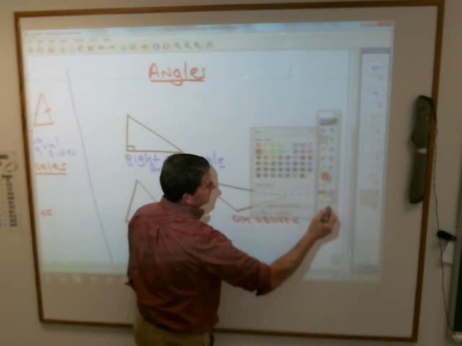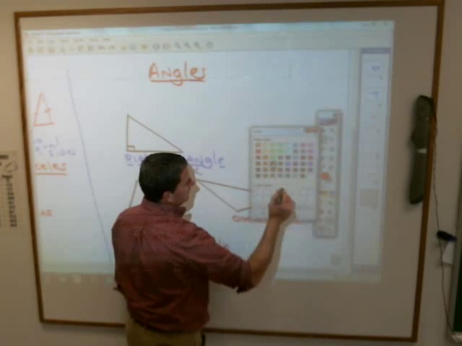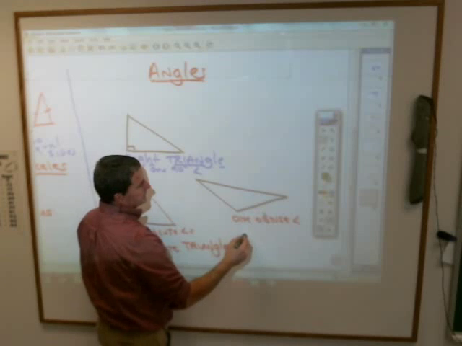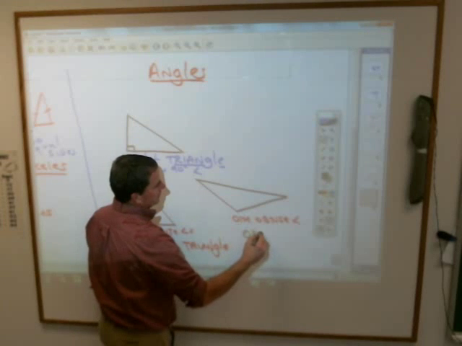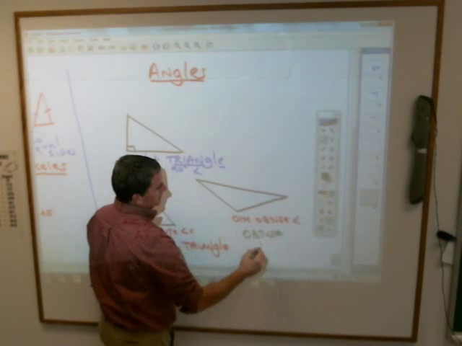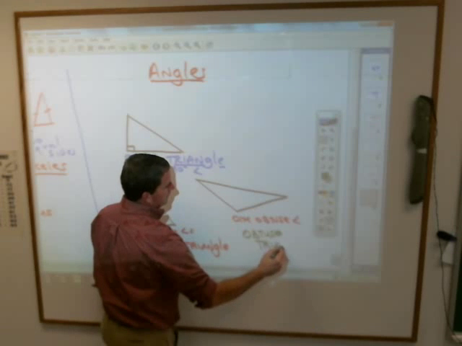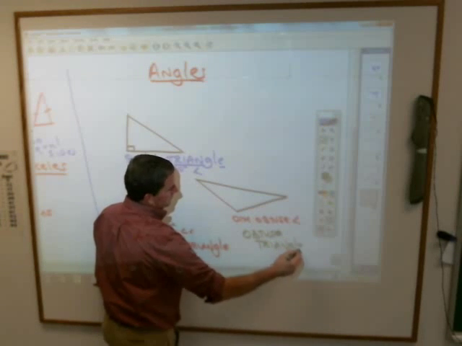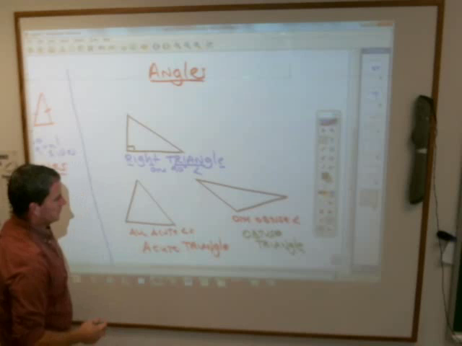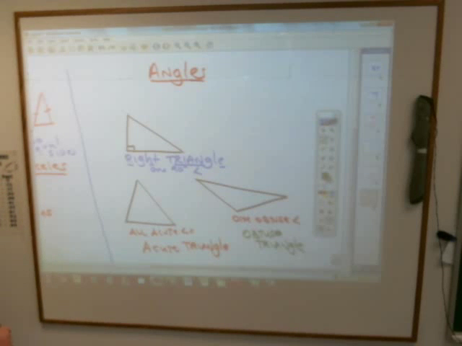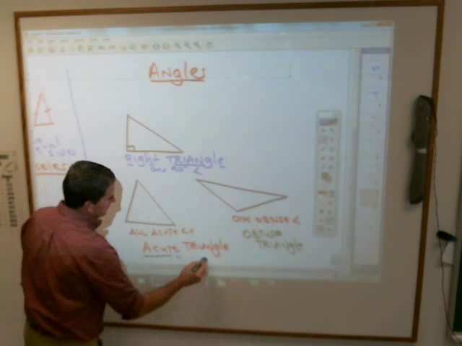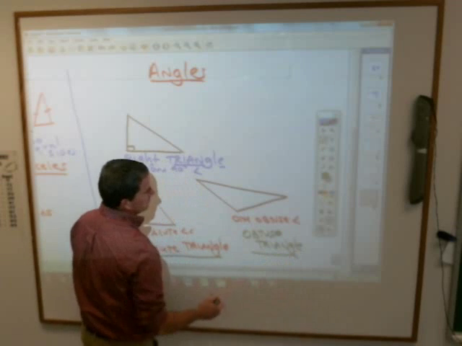Guess what it's called? It's called an obtuse triangle. Acute triangles, right triangles, obtuse triangles.